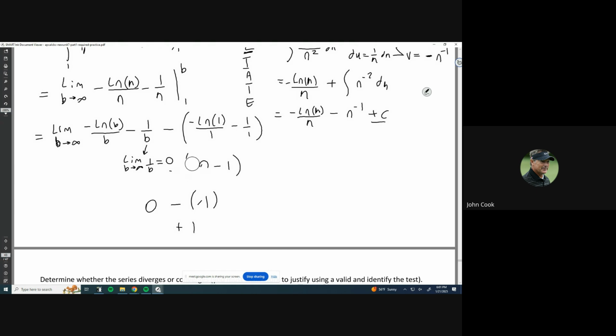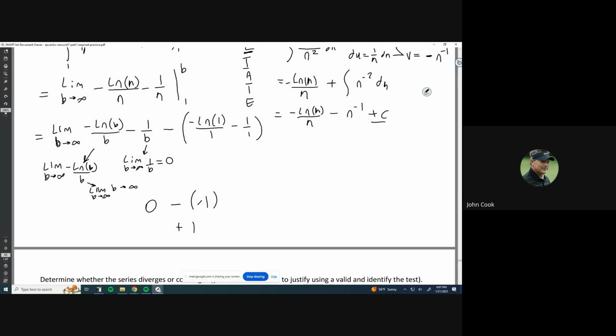Let me erase this stuff so it's not so confusing. And then let's see what happens with this stuff here. As b goes to infinity of negative natural log of b over b. All right, the bottom, the limit as b goes to infinity of b, also goes to infinity.